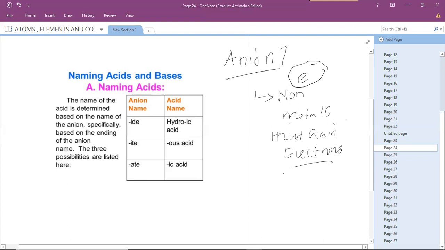So for example, chlorine, I think it has an electronic configuration of 2, 8, 7. We're going to talk about this.